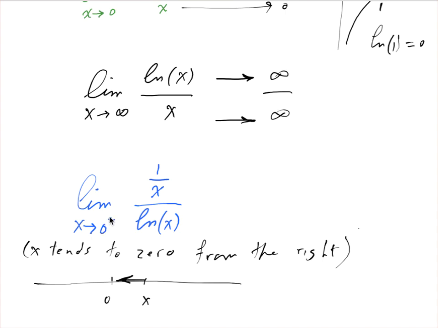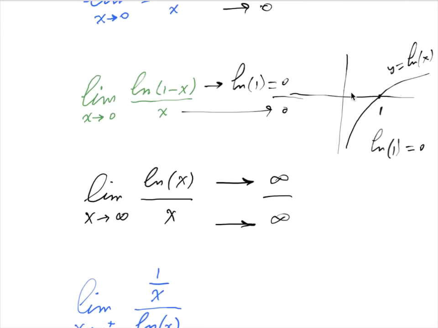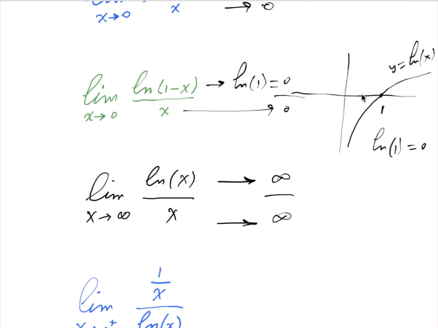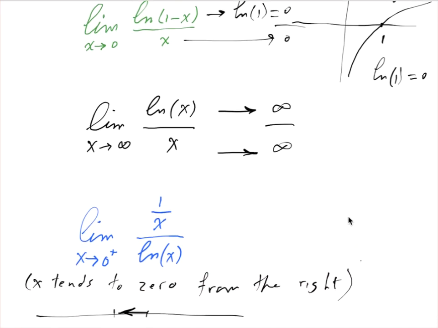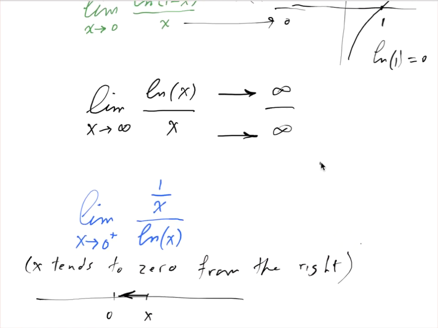That's what that notation means. X tends to 0 with a plus superscript, and that means from the right. If it was from the left, we would use a minus sign. The reason you want this from the right is because the ln function is only defined for positive x's, so x has to go from the right.